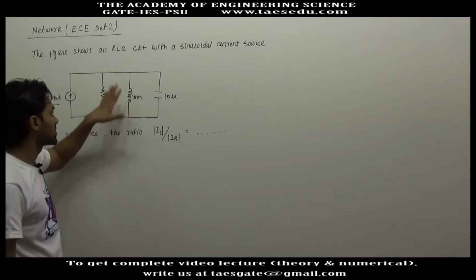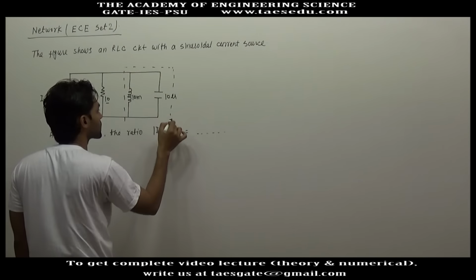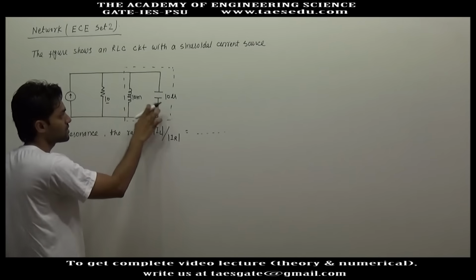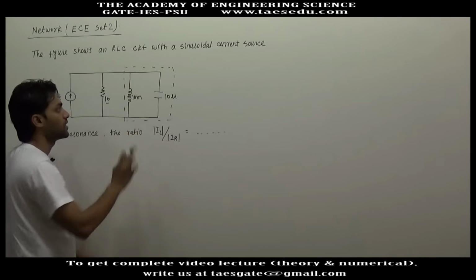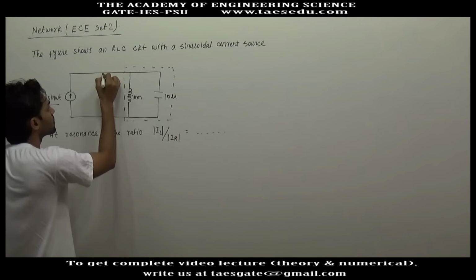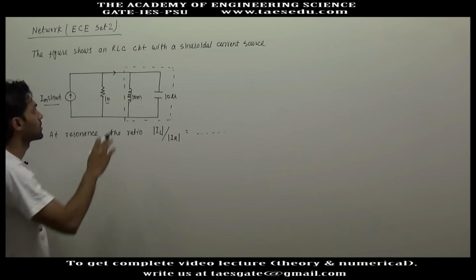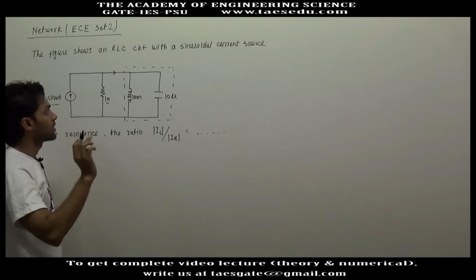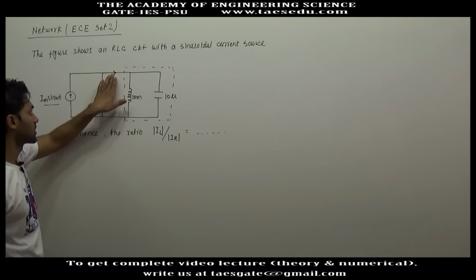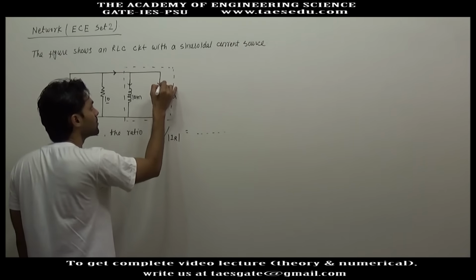Now if this circuit is in resonance, this part will provide an infinite impedance. In case of resonance, the parallel circuit of the LC combination will provide an infinite impedance. So equivalently there will be no current in this part of the circuit, but it doesn't mean that the inductor current and capacitor current will be zero.